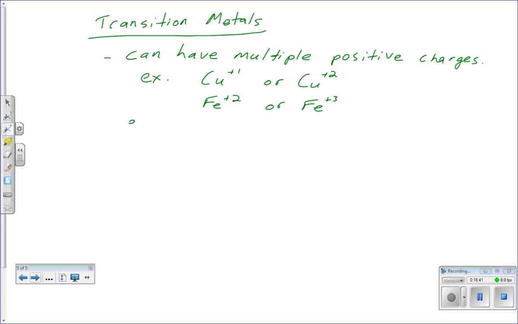Some exceptions are zinc, which is always +2, cadmium, which is always +2, and silver, which is always +1.